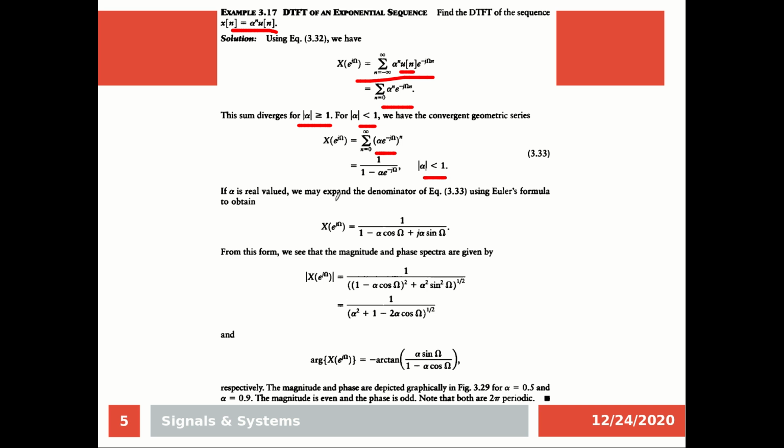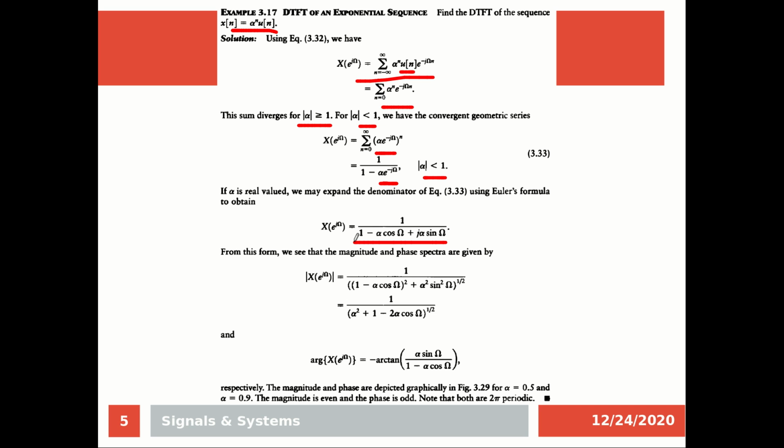If alpha is a real value, then we can expand this. E to the power j omega is equal to cosine omega plus j sine omega, and the alpha will be multiplied in both of them, minus here, so minus is positive.